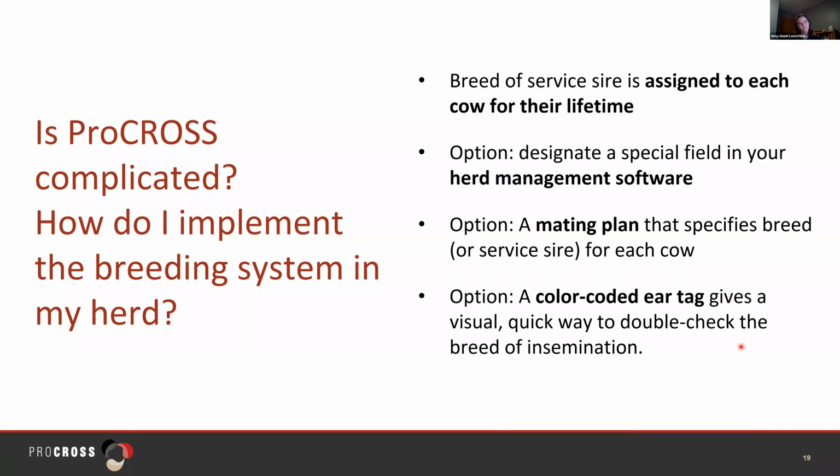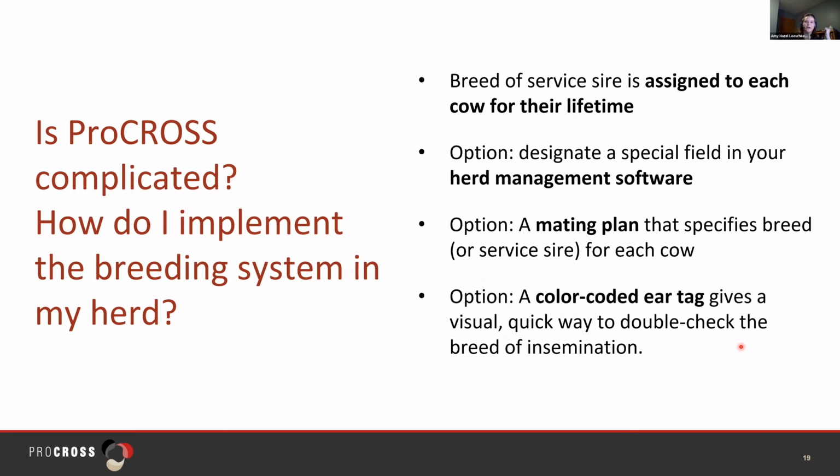Thirdly, if that seems a little complicated for your style, a lot of dairies we work with, especially the large ones, will just use an ear tag, and it can even be color coded to make things even easier for the AI technician staff. Let's say, for example, if you put a blue tag in a cow, she gets bred to Montpellier. If you put a red tag in a cow, she gets bred to Viking Red, etc.